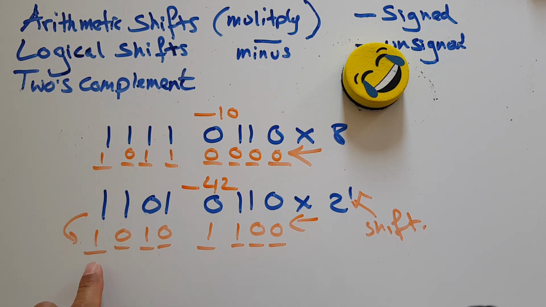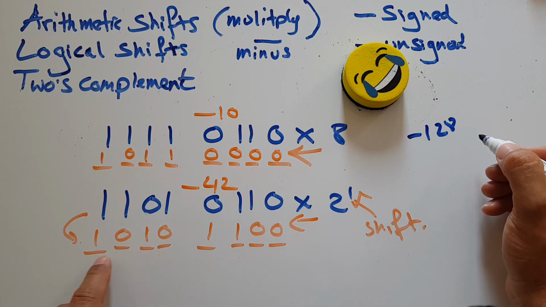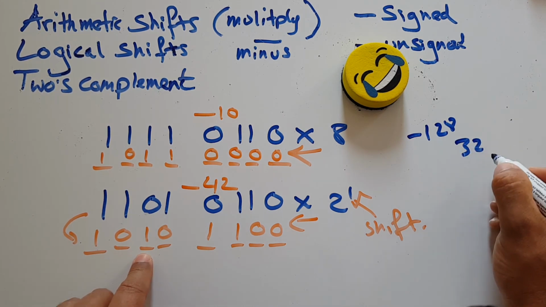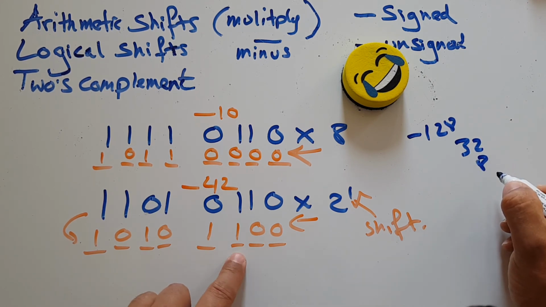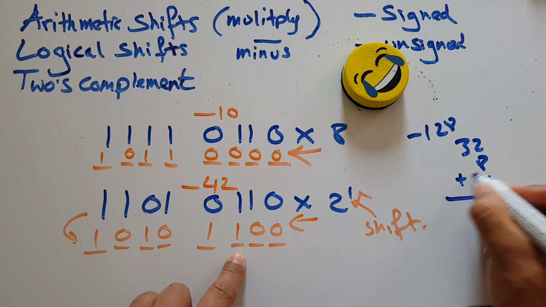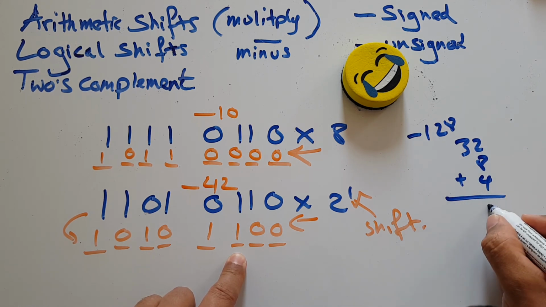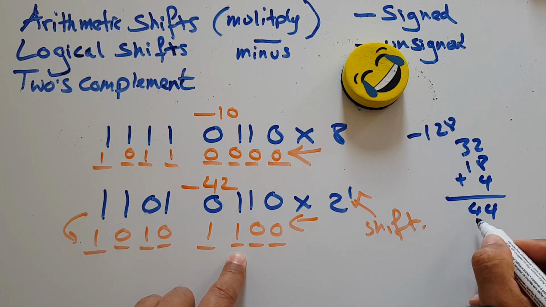Alright, so let's add these up. I've got a minus 128, that's fine. Then I've got, I don't have a 64, I've got a 32, and I've got an 8, and I got a 4. Let's add those together. So 8 plus 4 is 12, that's 44.